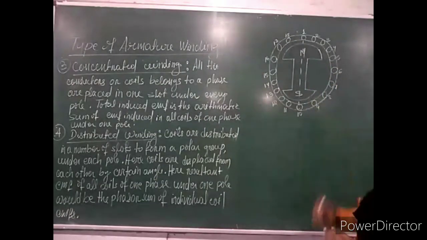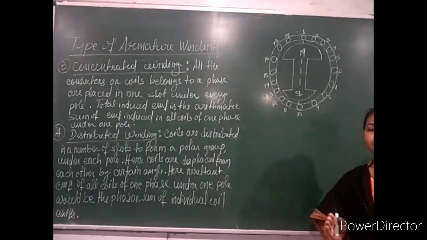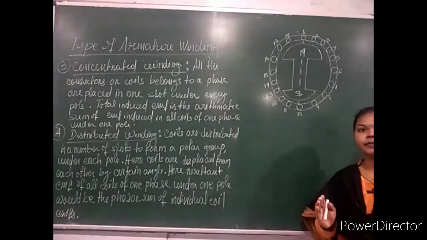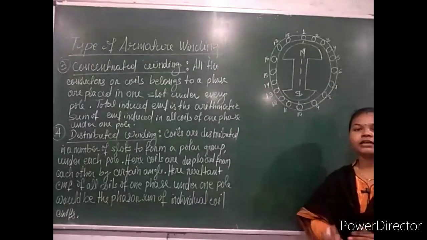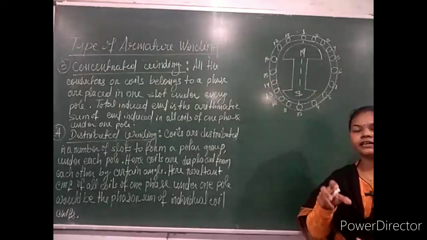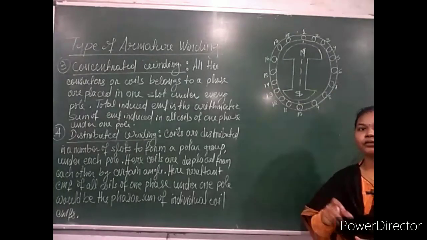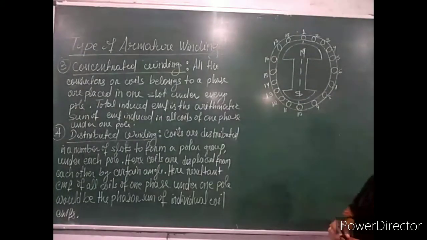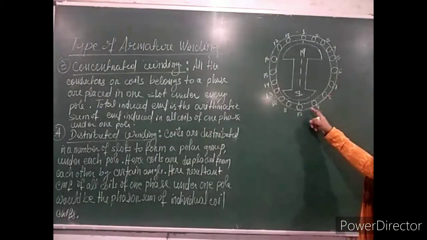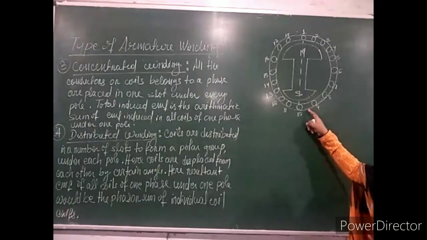And through this example, now we see what is a concentrated winding. Actually, in concentrated winding, all the coils belonging to a particular phase are placed or concentrated in a single slot under each pole. Here you see 18 slots are carried by the armature conductor.